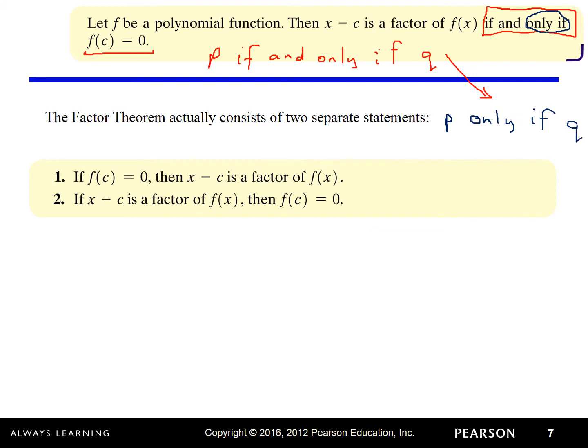And really what this means is if P, then Q. Which is actually the second one here. If P, that is, if x minus c is a factor of f of x, then Q, f of c equals 0.